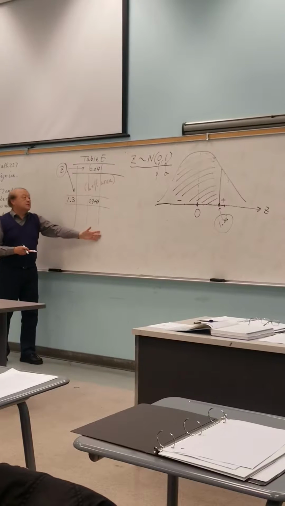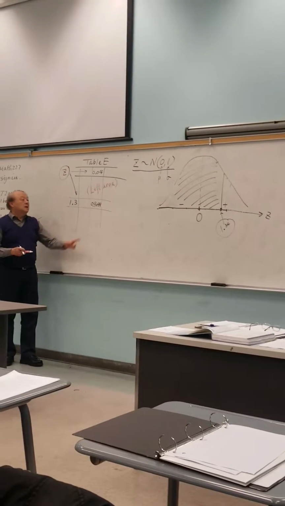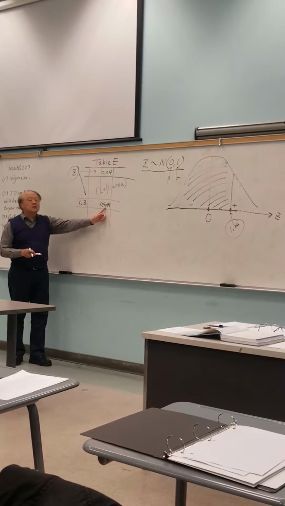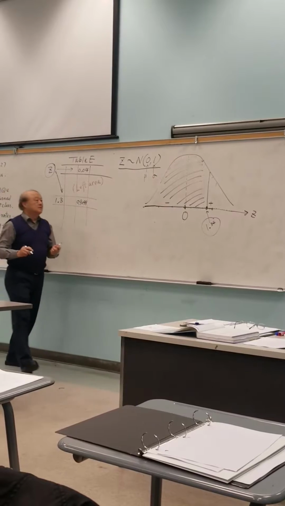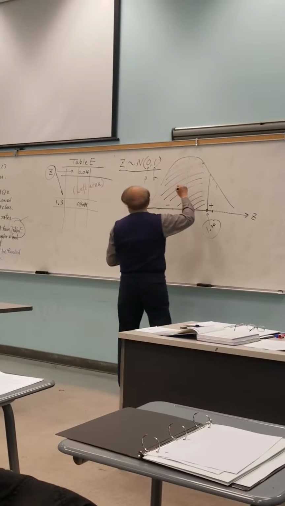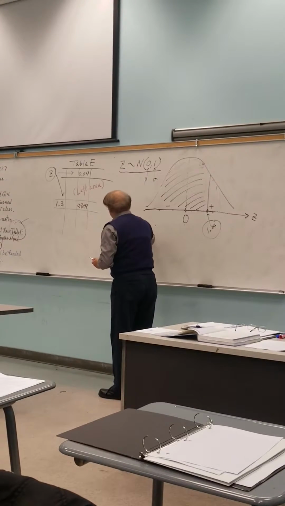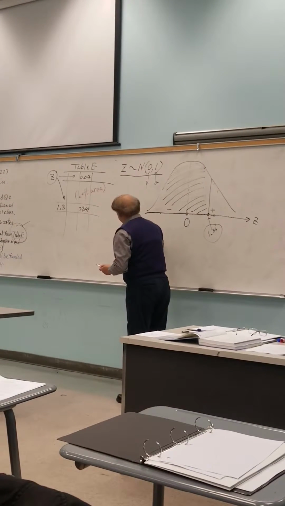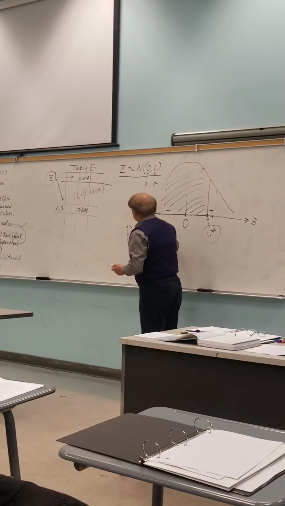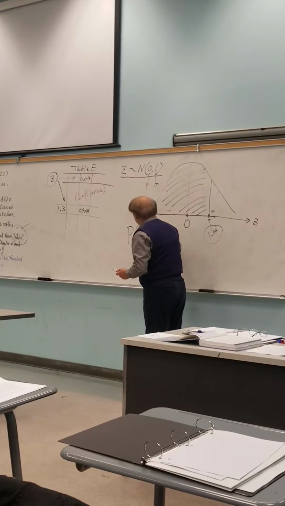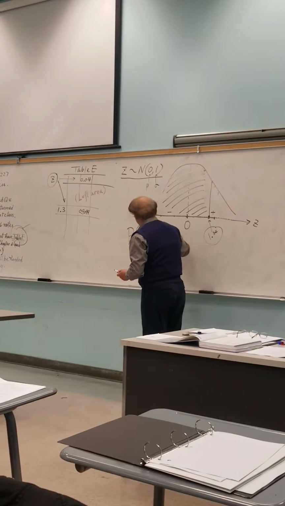All the numbers in the body of the table represent one left area, rounded off to 4 decimal places. Now, for the first example: what is the probability that this random variable takes a value smaller than 1.32?